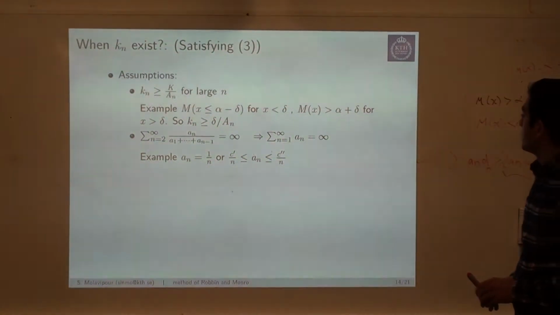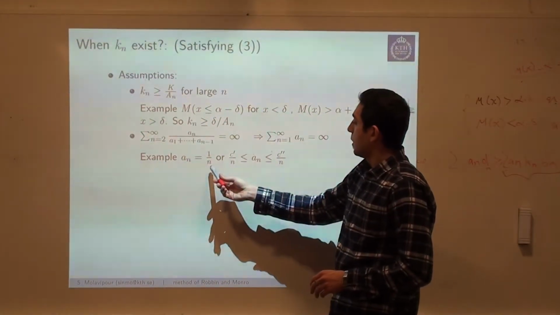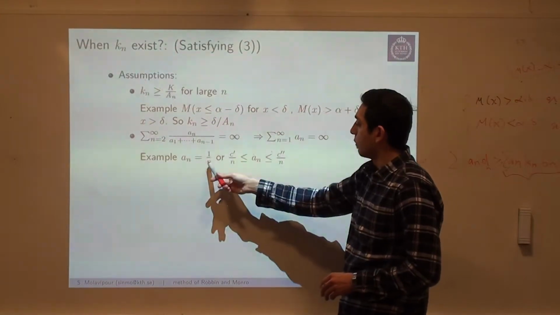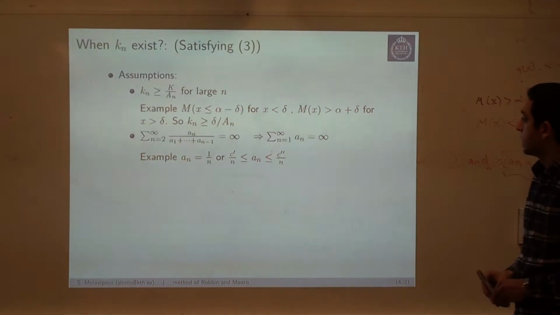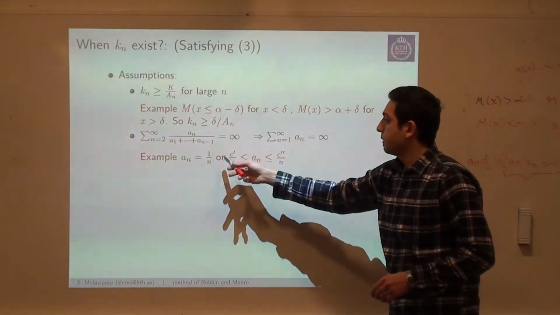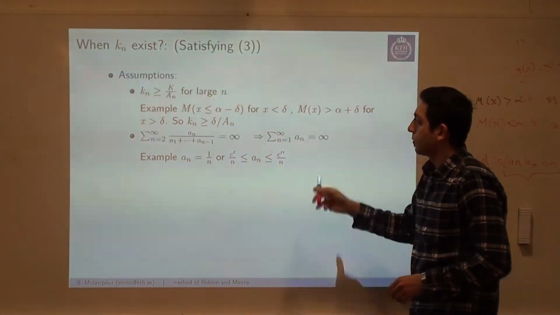An example for this is the sequence 1 over n, and any type of this 1 over n, like a constant over n, with c prime and c the second being two constants. So if you choose these types of sequences, then they meet this condition.